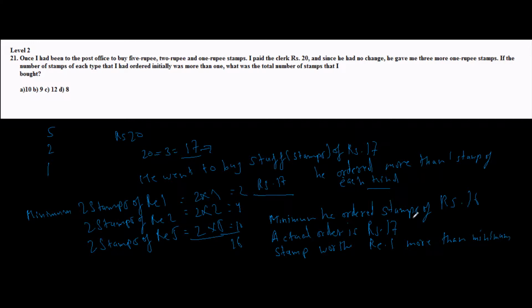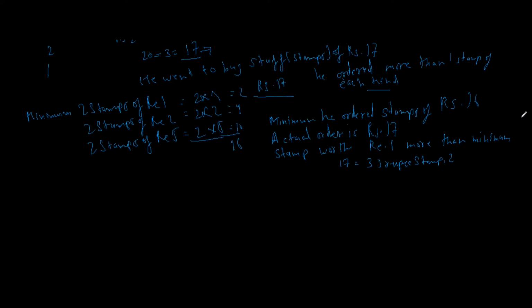So obviously the one extra stamp which he ordered over the minimum was a rupee 1 stamp. So rupees 17 is made up of three 1 rupee stamps, two 2 rupee stamps and two 5 rupee stamps.